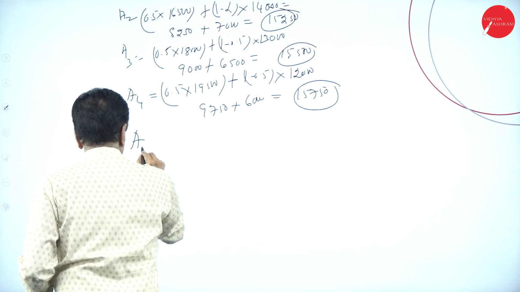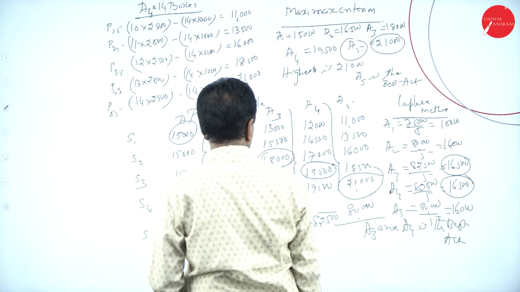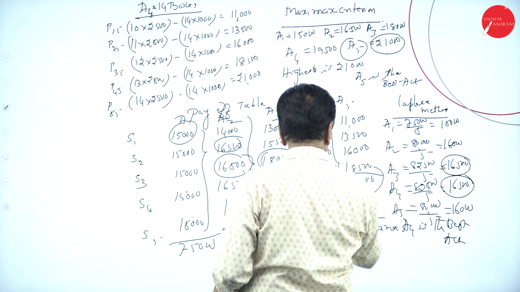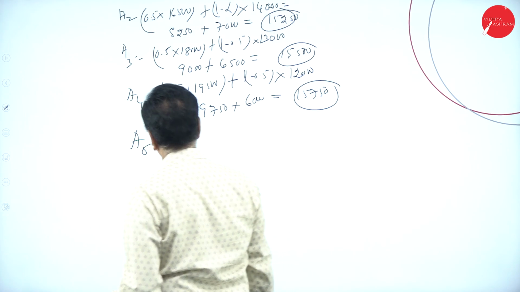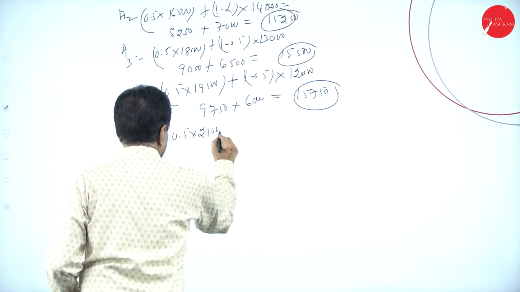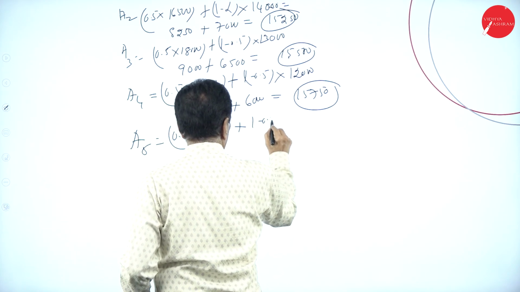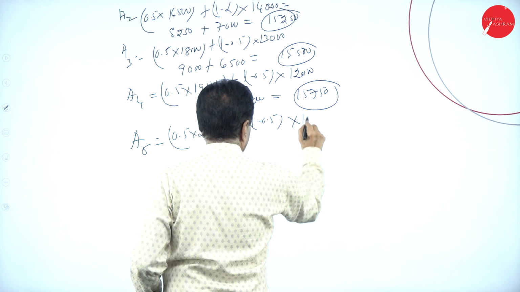A5, last one. Highest is 21,000, lowest is 11,000. 0.5 into 21,000 plus 1 minus 0.5 into 11,000.